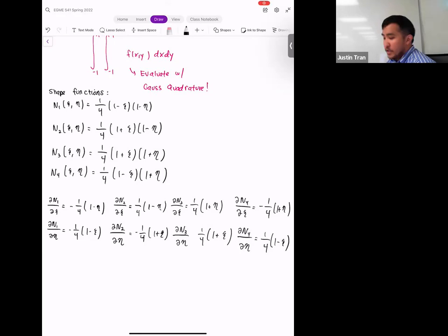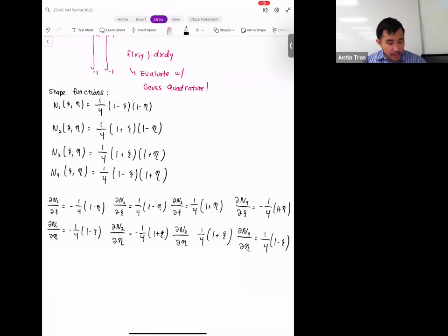That's just a recap, the general idea about the isoparametric approach, and here are all the formulas that we're going to need along the way. What we're going to do next is work on how to evaluate each of the integrals in our weak form using this isoparametric approach. Any questions on this so far?